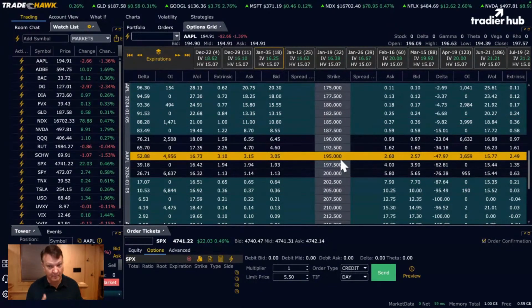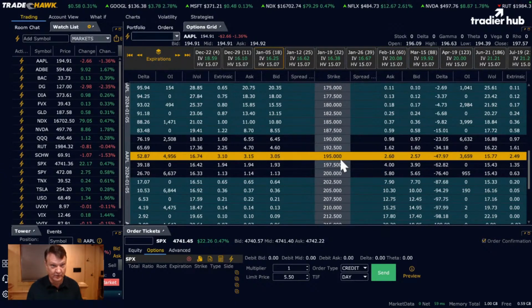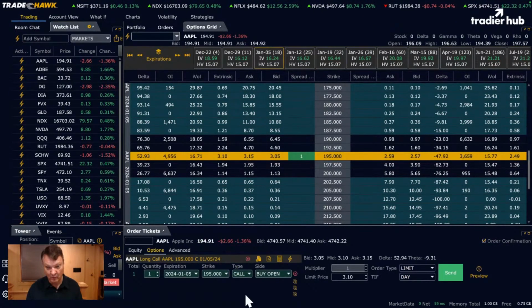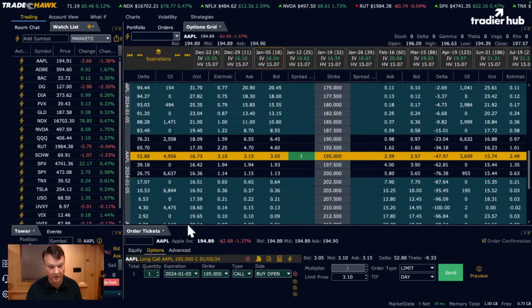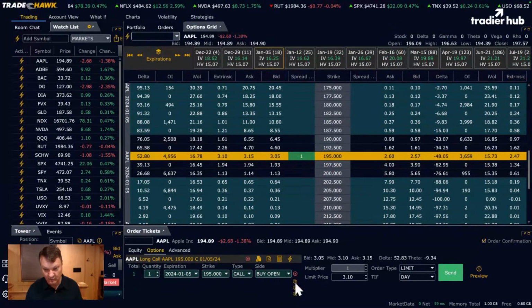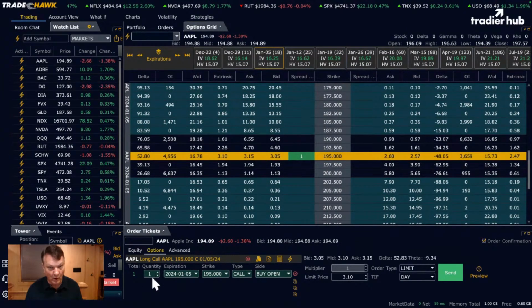So if I'm looking to buy one option contract, quite simply inside the TradeHawk options grid, all we do is look at the ask price, click on that, and that will put it down here in what we call the order ticket. And then we make sure that this is the option that we want to buy. We're going to buy one.